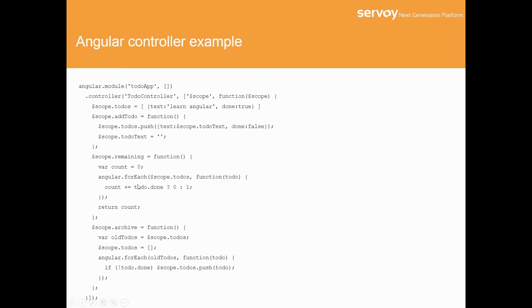It goes over all the to-dos, checks if each is done or not, and returns the result. And then there is the archive method. What does it do? It will kick out items that are done.